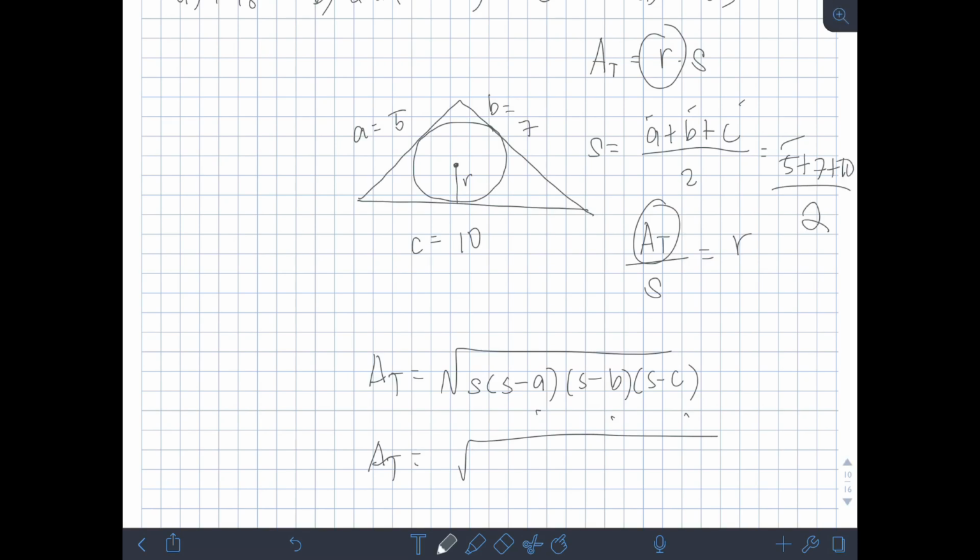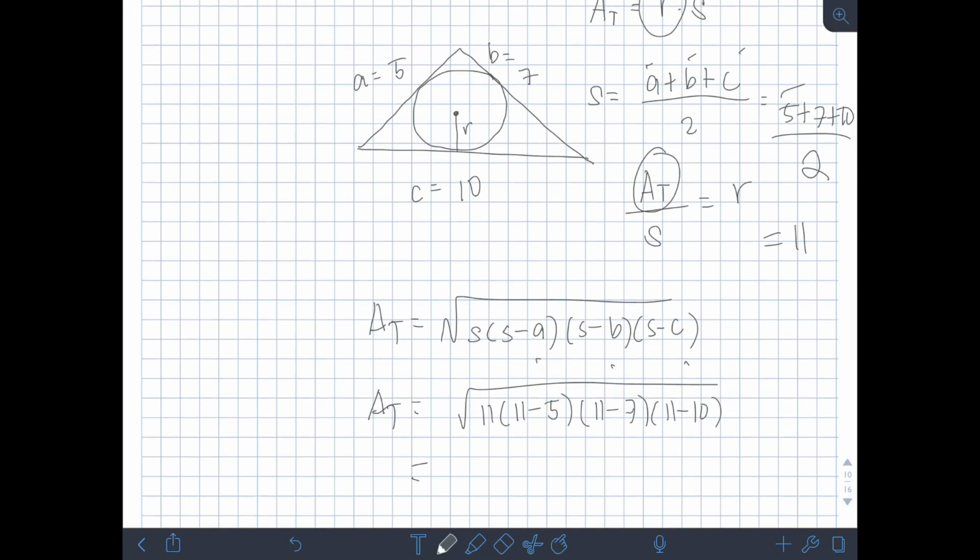So, we have 5 plus 7 plus 10 is 22 over 2 or 11. So, we have 11 times 11 minus 5, 11 minus 7, 11 minus 10. So, using calculator, masasolve natin yung area ng triangle as 2 square root of 66.